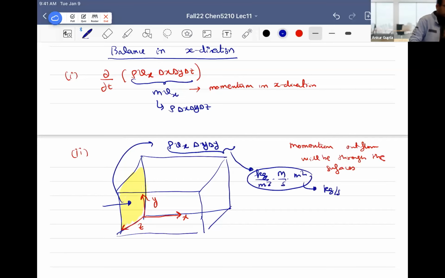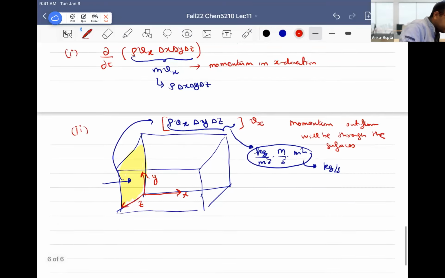Sorry, yes, delta y delta z. This is mass coming in per second multiplied with Vx. So this is the idea of momentum outflow: there is some mass coming in, and I can find the mass by taking the component of the velocity, Vx. But this is coming in, not going out, because the direction of x is coming in.